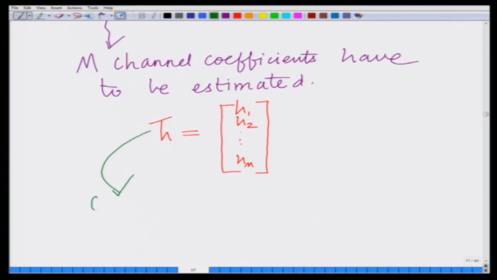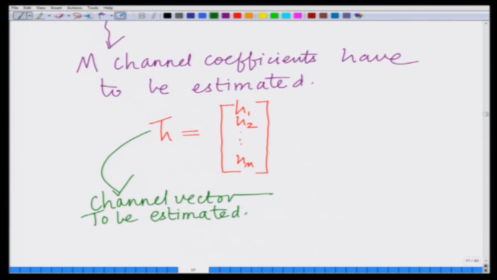So, this is your channel vector which has to be estimated, and these are basically your M channel coefficients, alright.